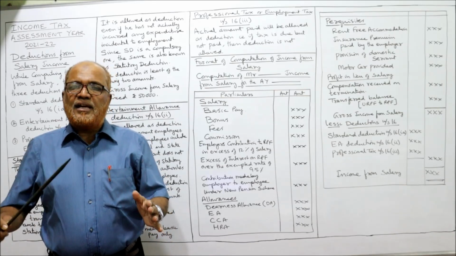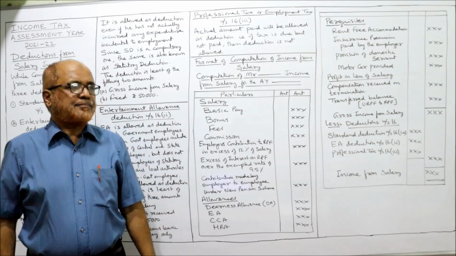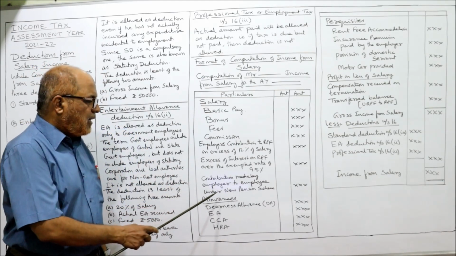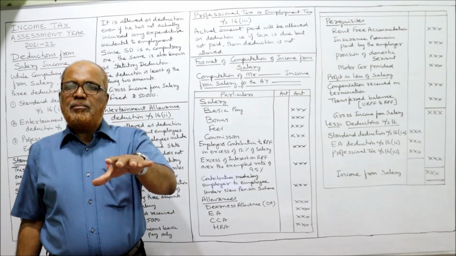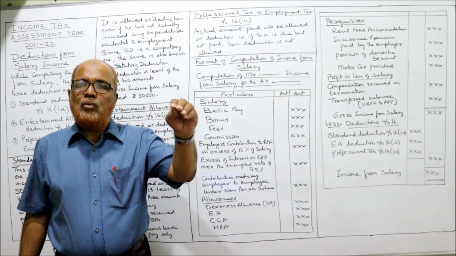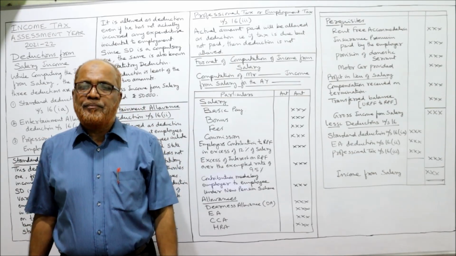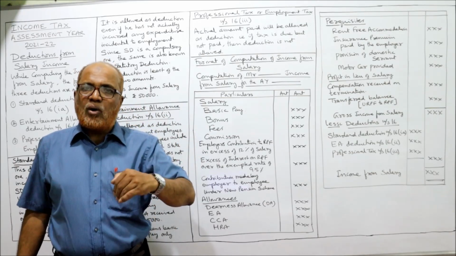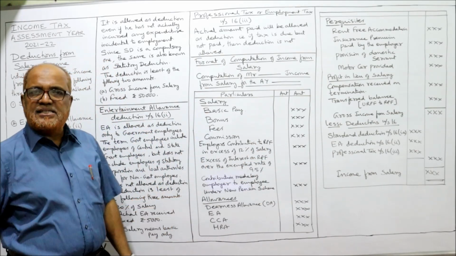If the interest rate is more than 9.5%, it is taxable. Then contribution made by the employer to the employee under the new pension scheme. Sometimes a new pension scheme is implemented and the employer has contributed some amount in the employee's new pension scheme. That will also come under the head salary.